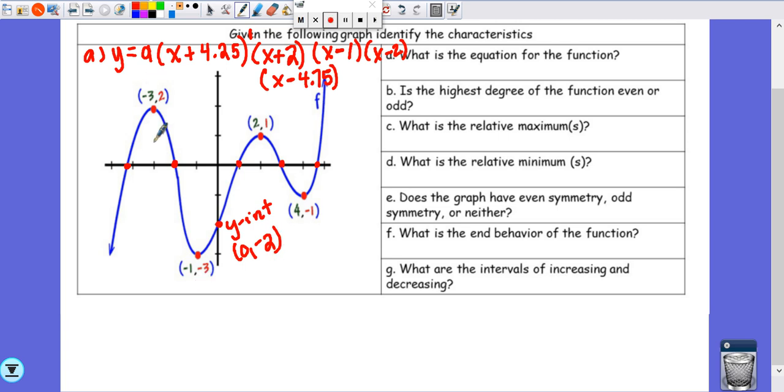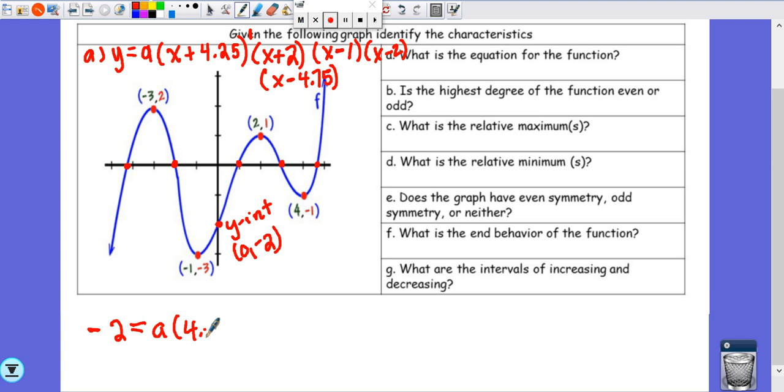So to get the value of A, I'm going to say negative 2 equals A, and everywhere there's an x, I'm going to put the 0 because I know that my y-intercept is at negative 2. And you know what? I'm not going to keep writing those, guys. We already know anything plus 0 is just that number.